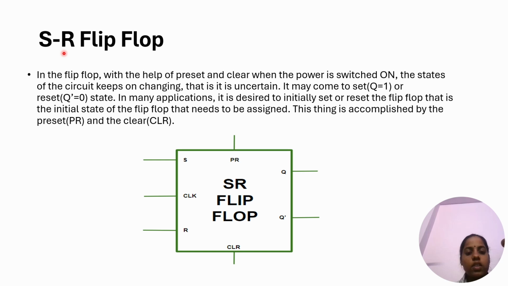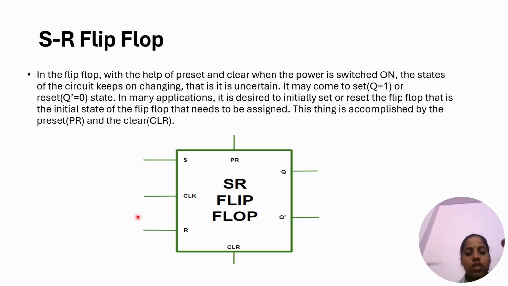First we have to see what is the SR flip-flop. This is the block diagram of the SR flip-flop. Here the inputs are S and R. S means set, R means reset, and here a clock is given to the circuit.